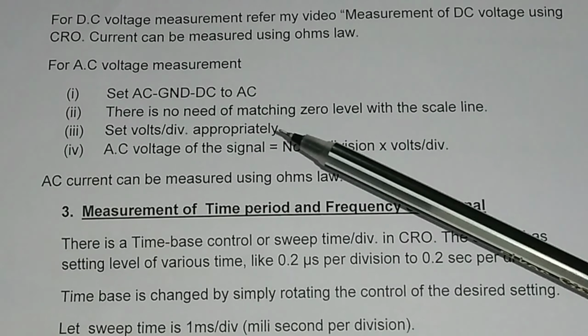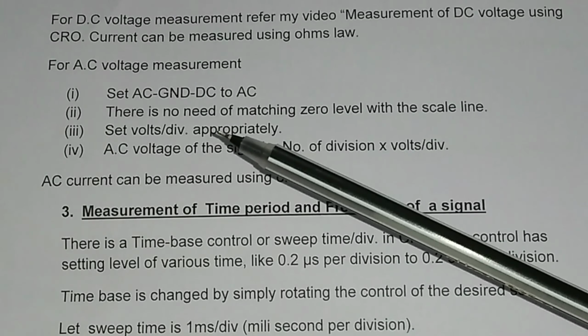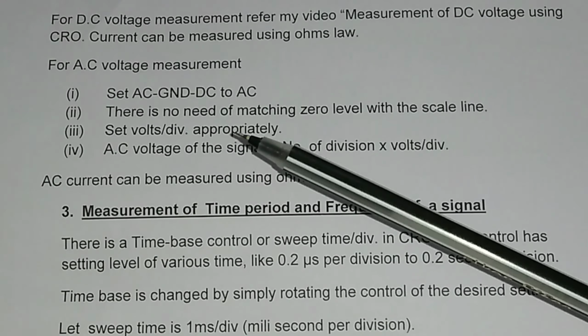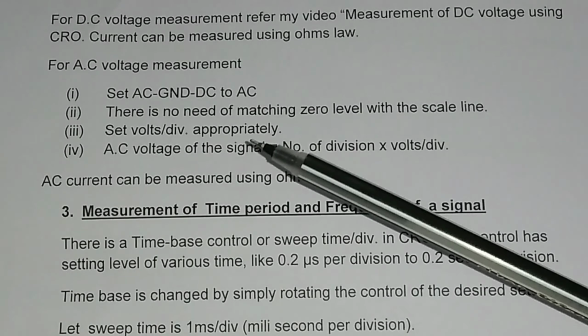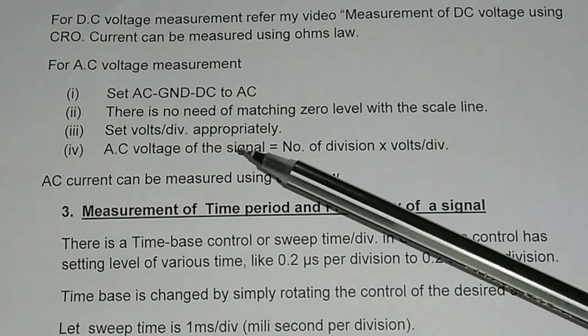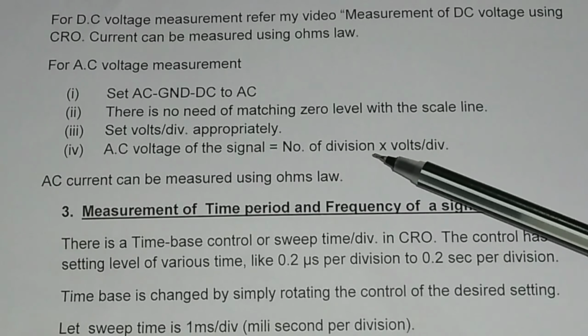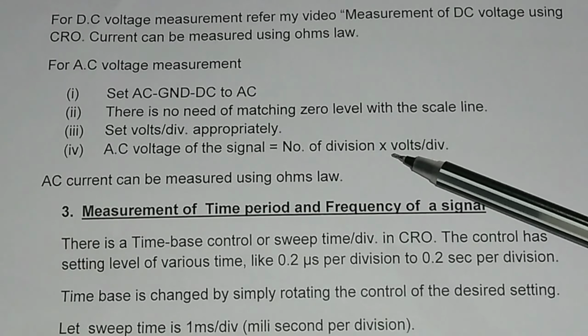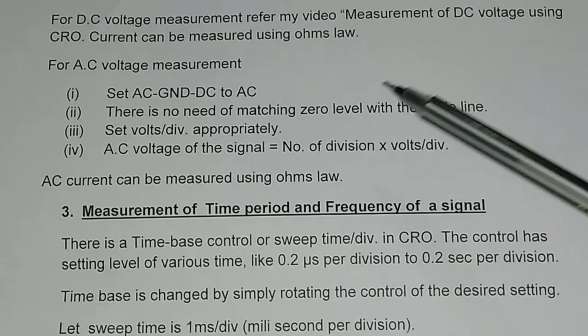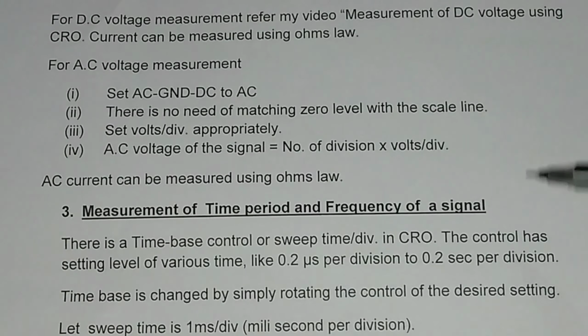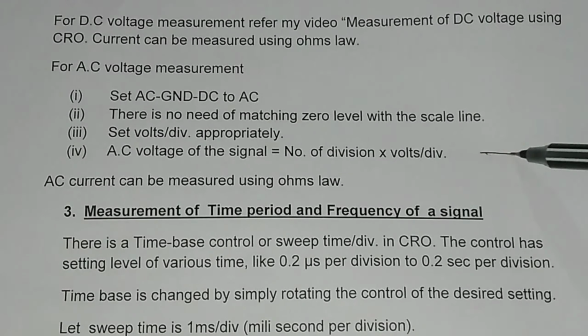In the CRO you have a volts per division switch. You have to take an appropriate division for the volts measurement. The AC voltage of the signal will be equal to the number of divisions you have taken in the signal. Suppose you have a signal like this.